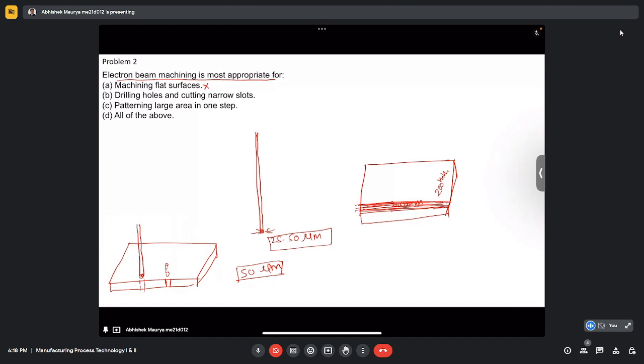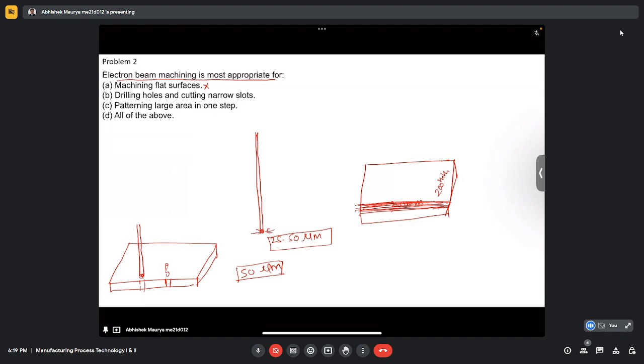But if you want to create a big hole, not in the order of 50 micron, that can also be created. But in that case, the beam has to travel. Suppose we want to create a hole of, let's say, 5 centimeter or 50.